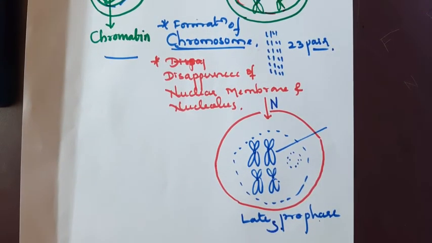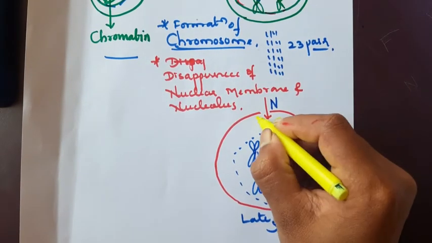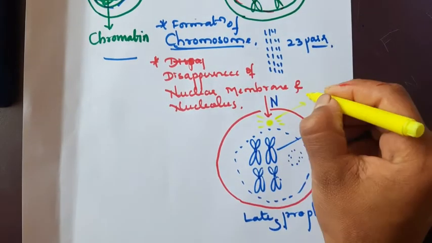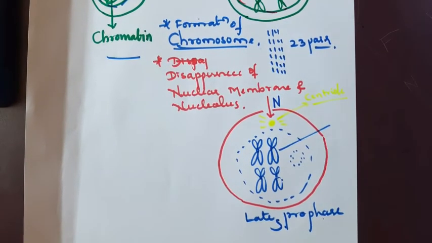Centriole formation at the opposite poles. Centrioles, we already discussed in the previous class, in the Cell: The Unit of Life chapter. Centrioles are present in the centrosome. The centrosome is the organelle which consists of cylindrical centrioles which form the spindle fibers.